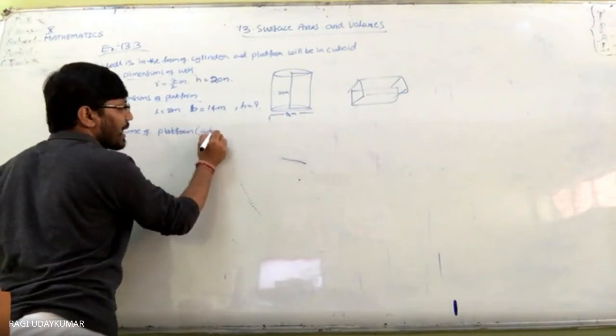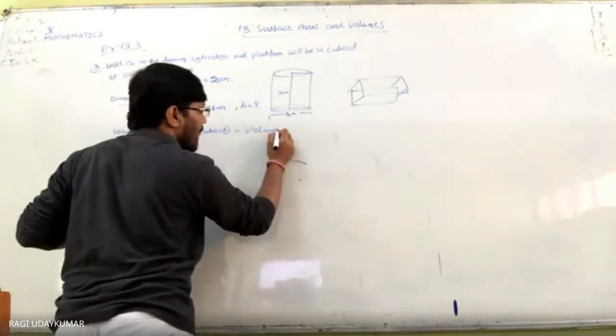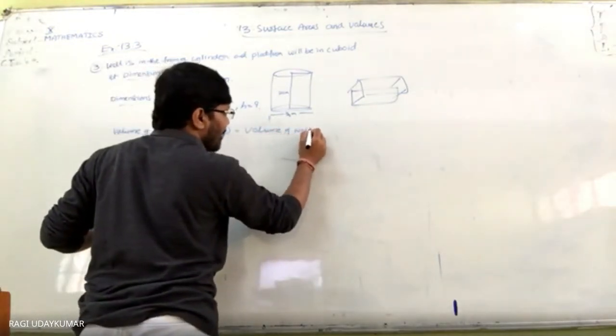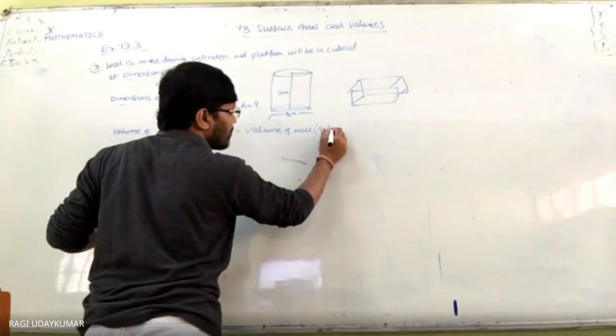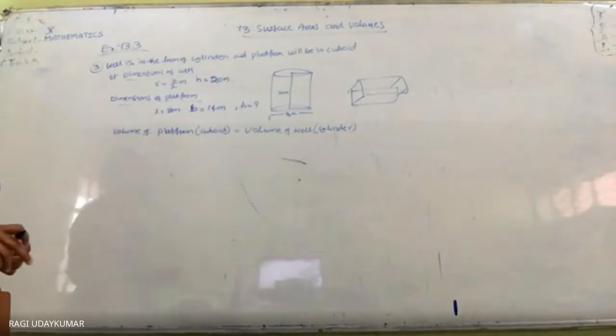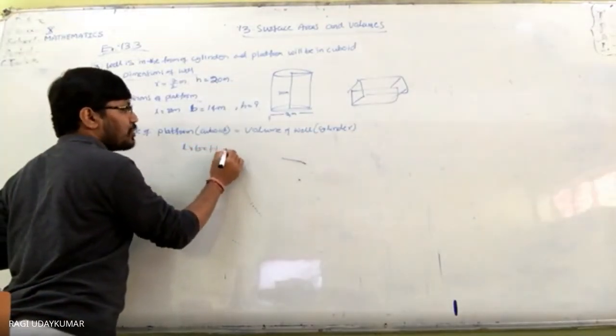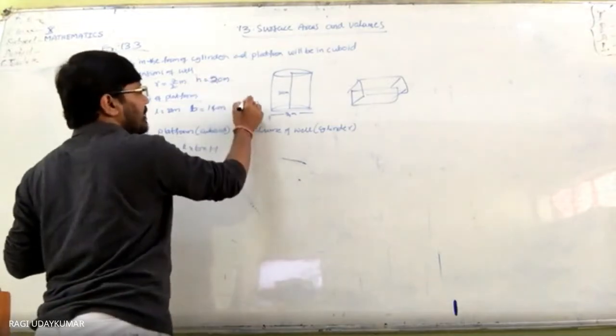means, in brackets cuboid, is equal to value of well, in brackets you write cylinder. So value of the platform is cuboid formula L into B into H, capital H, because small h is already there.